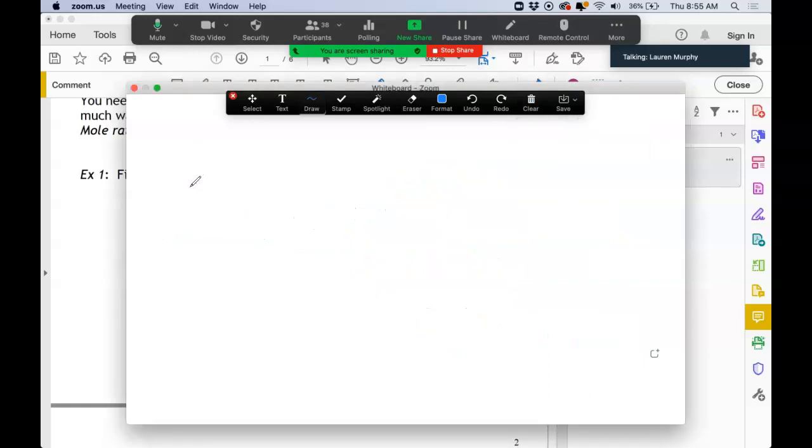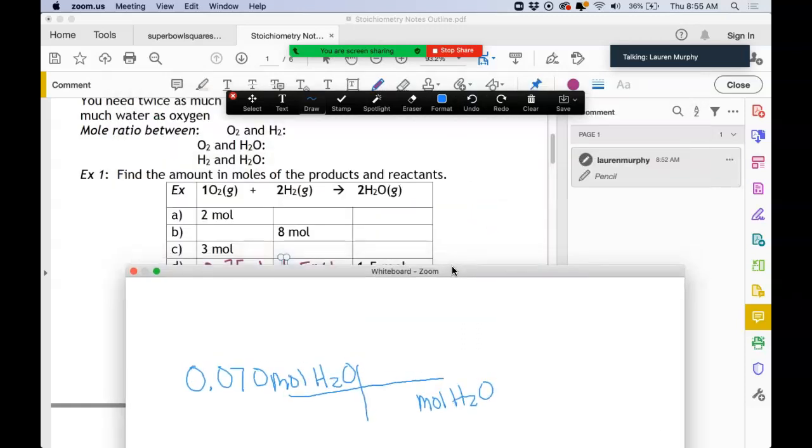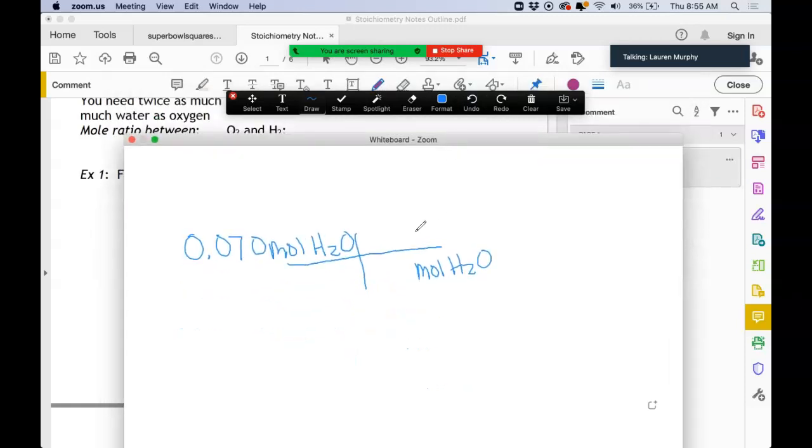The first thing you do is write out the number that's given, the unit, and the substance. The thing we're trying to get rid of, which is water, goes on the bottom so that it cancels. Let's go to hydrogen first.